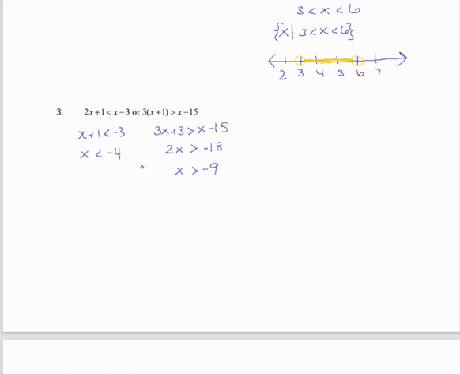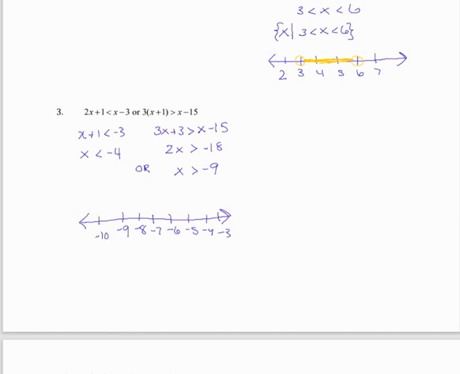And remember, this is an or statement. So if I look at my number line here, it's saying I should be less than negative 4 or greater than negative 9. So if we have our number line, remember negative 9 is really smaller. And I'll add negative 3 and negative 10 here.